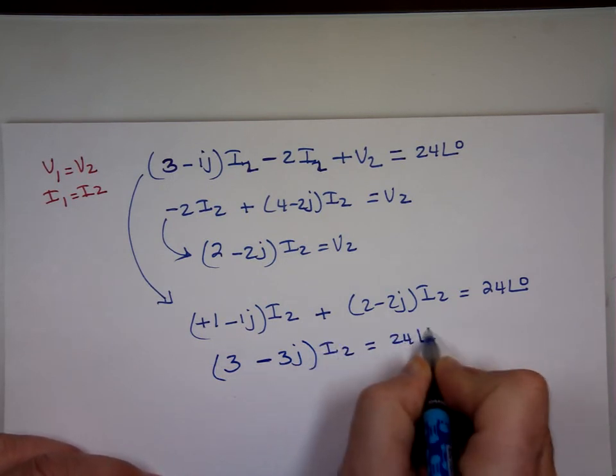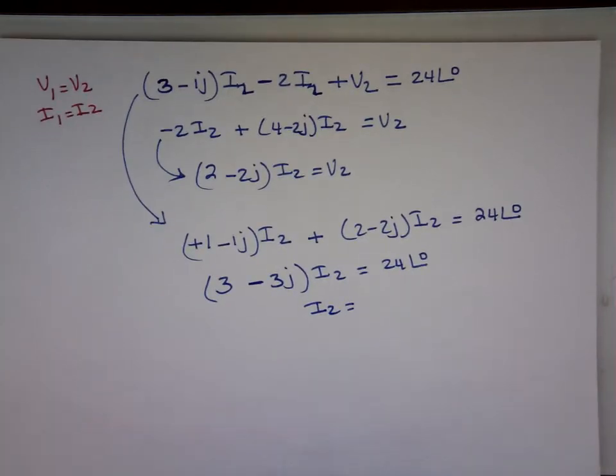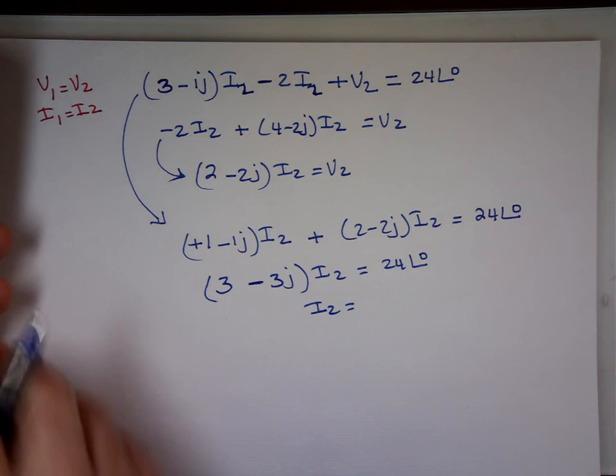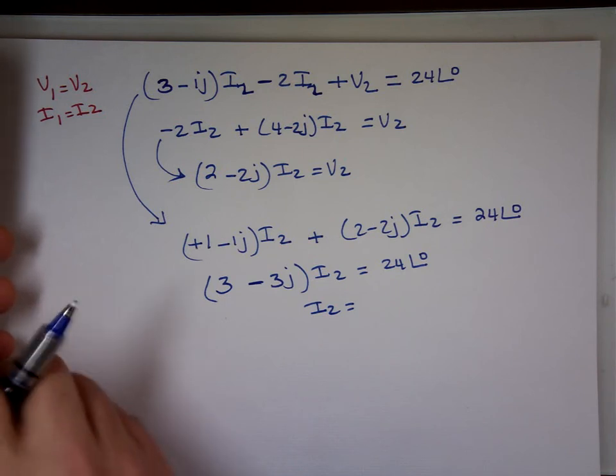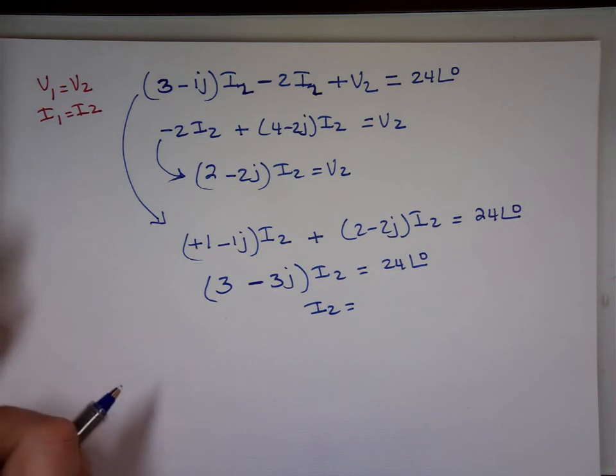I sub 2 is equal to what? 24 angle 0 divided by 3 minus 3j. If I push, I'll double check the number.